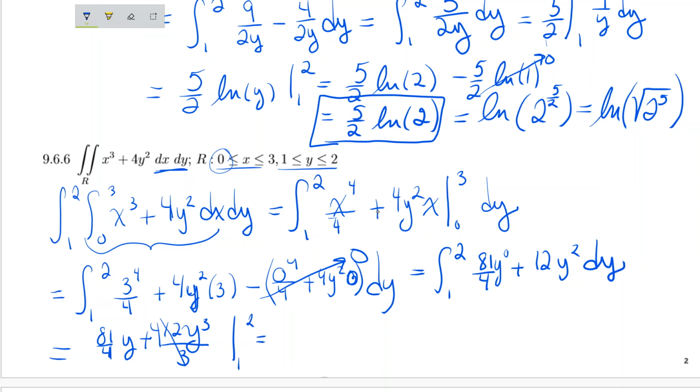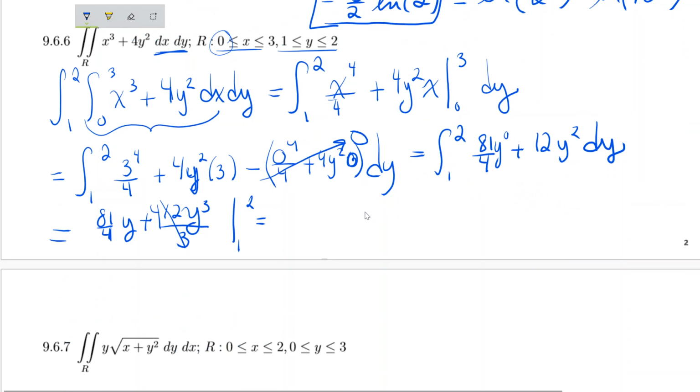Now, this is where I'm going to run out of space, because that's always something that's happening to me. Okay, so I got to put in 2 and then subtract 1.